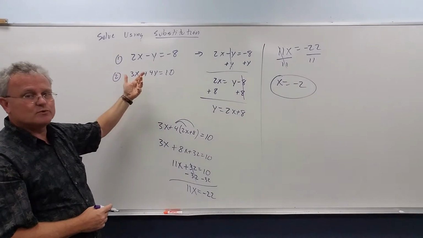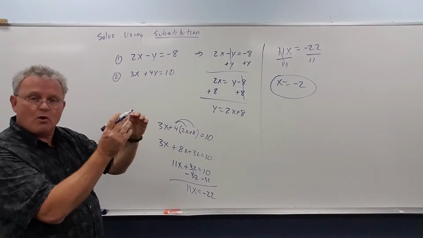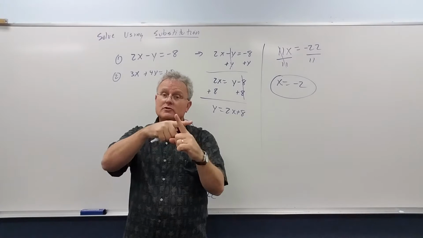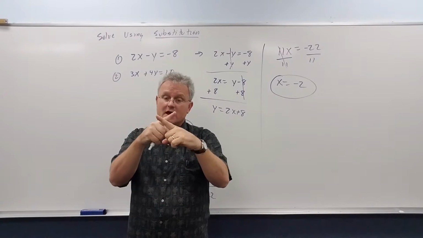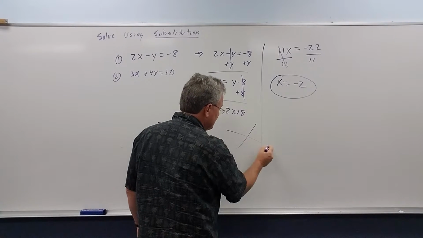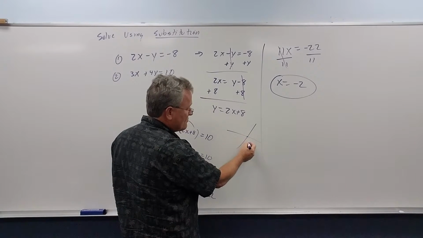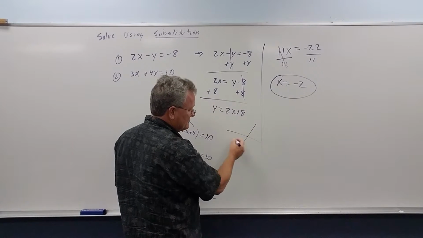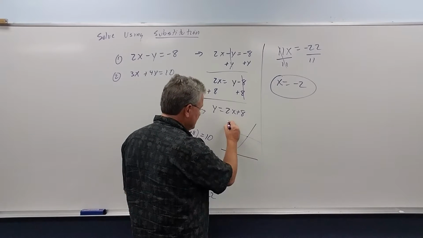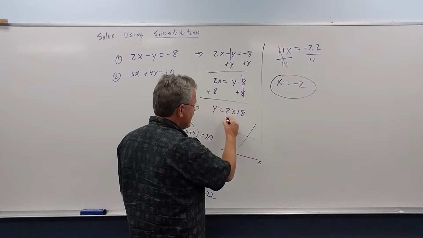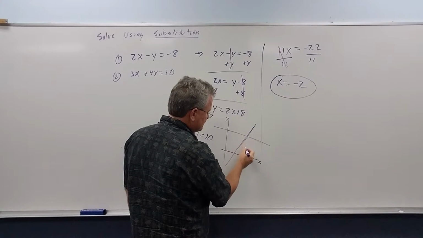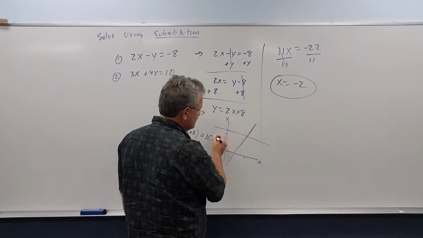It doesn't matter which one you pick, because what we're finding here is the point where the two graphs intersect. At the point where the two graphs intersect each other, both graphs have the same x value and the same y value. If this is the xy plane, and these are our graphs, this is the x value, and this is the y value.